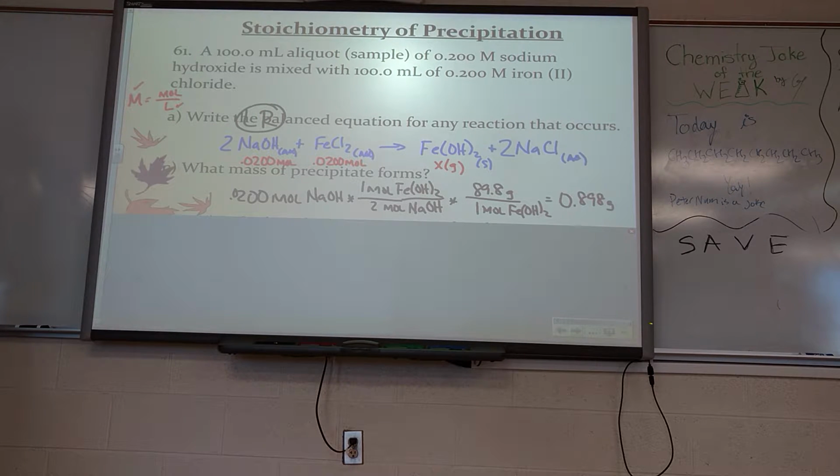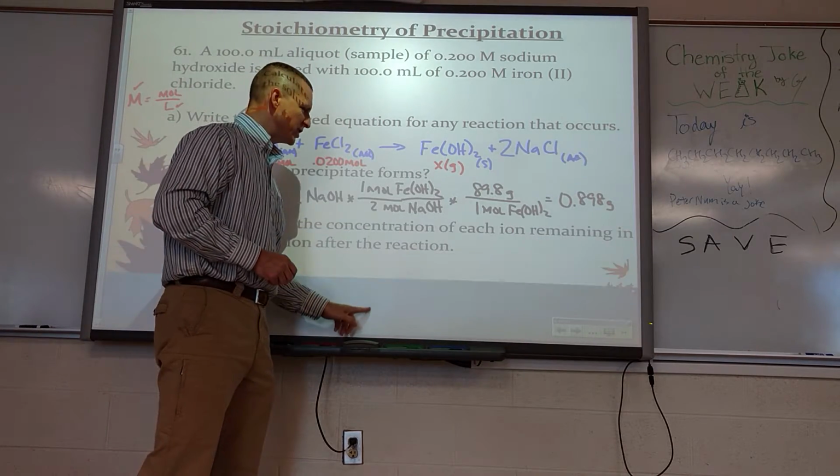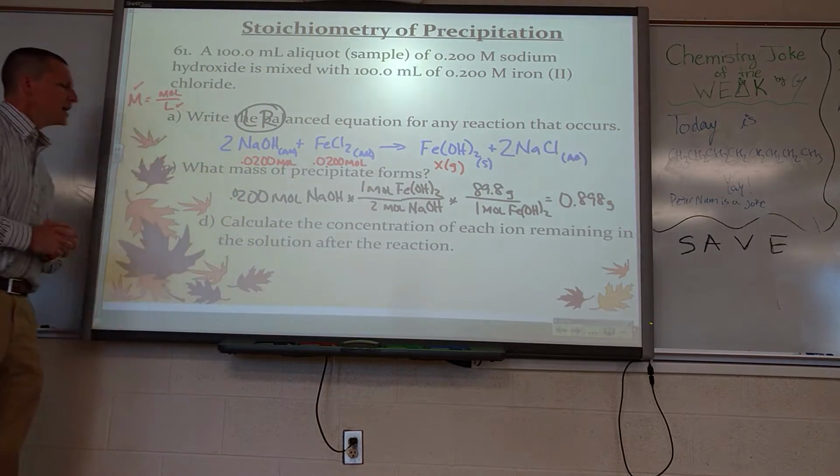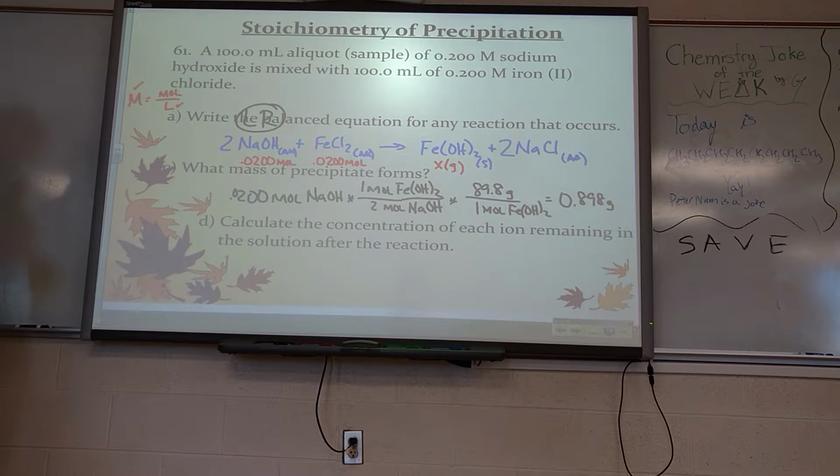Then we get to the last question. The last question is calculate the concentration of each ion remaining in the solution after the reaction. How many ions of the 4? There are 4 ions here.